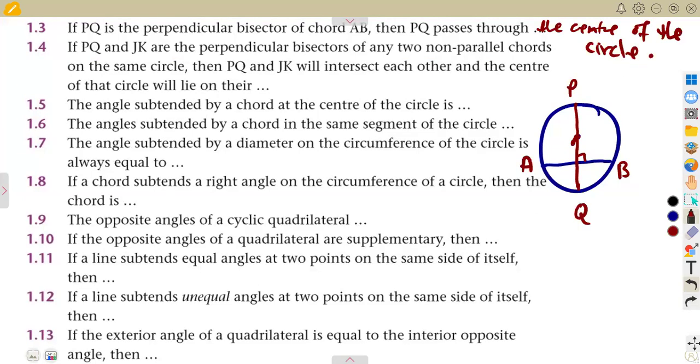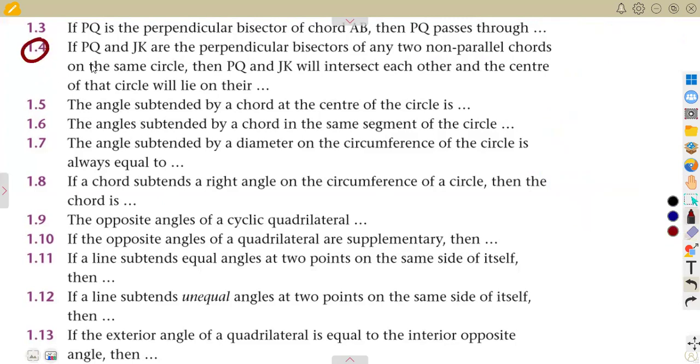For 1.4, we are given that if PQ and JK are perpendicular bisectors of any two non-parallel chords on the same circle, then PQ and JK will intersect each other at the center of that circle.